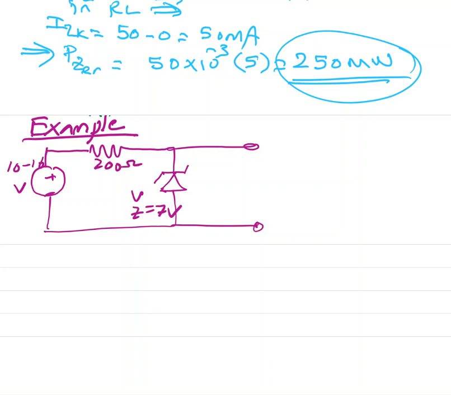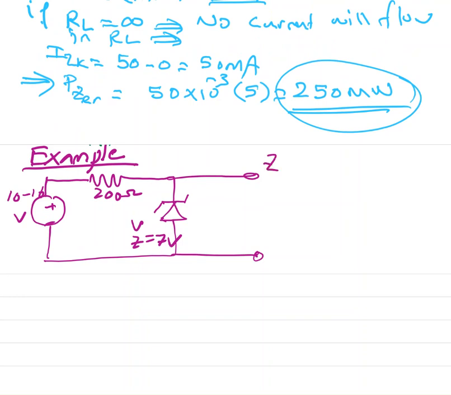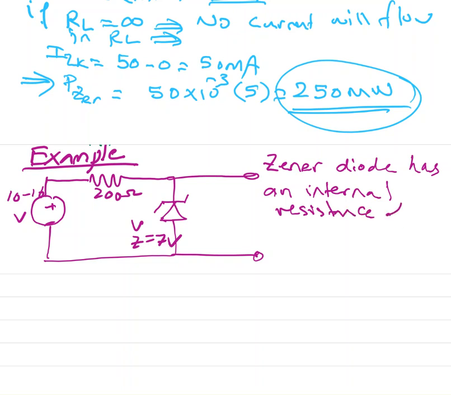It is mentioned that the Zener diode has an internal resistance of, let's say, 10 ohms.